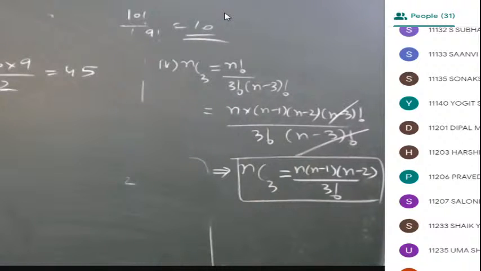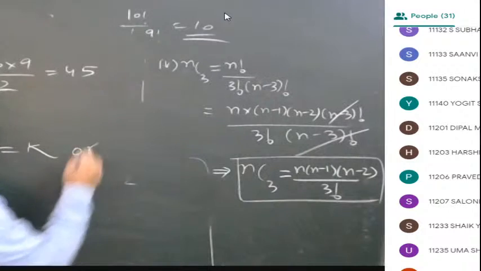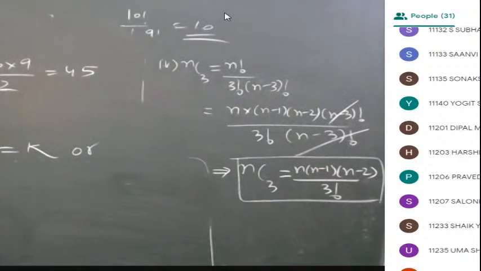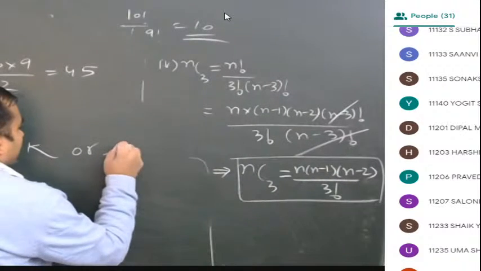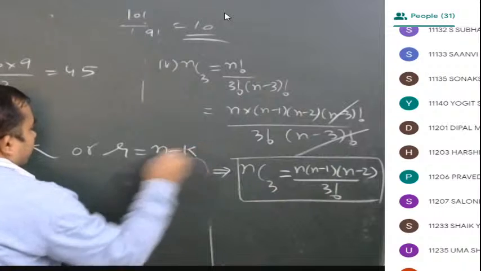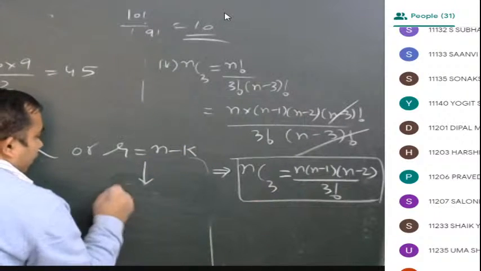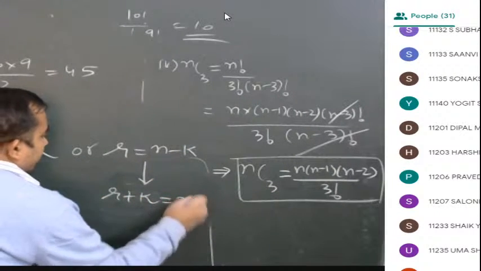This note says that if NCR is equal to NCK, then it may have 2 meanings. What 2 meanings? Either R is equal to K, or this K may be equal to n minus R, or R equal to n minus K, which means R plus K equal to n, right.